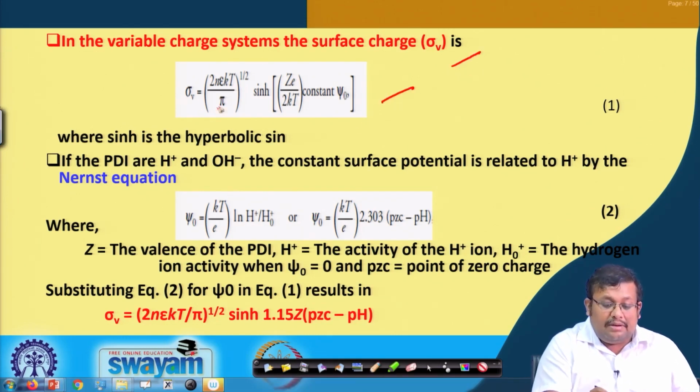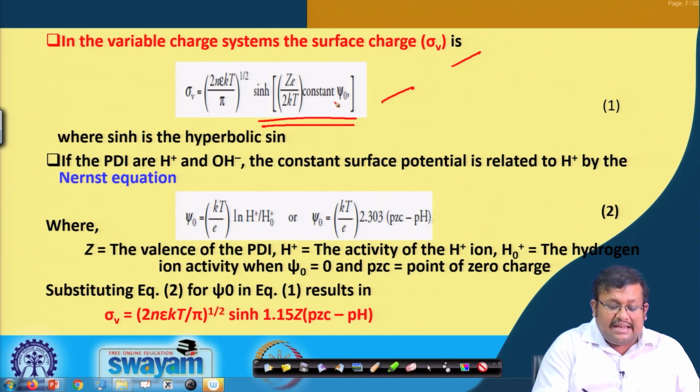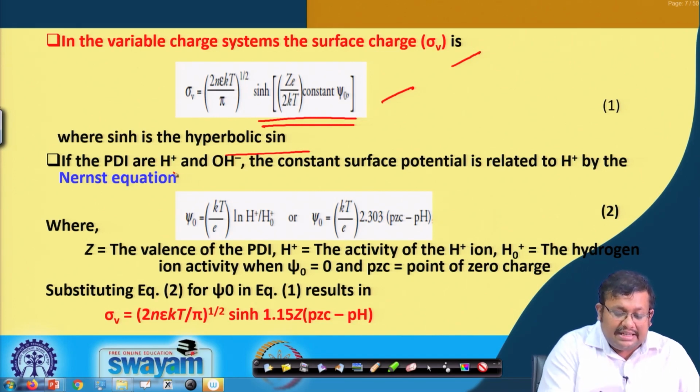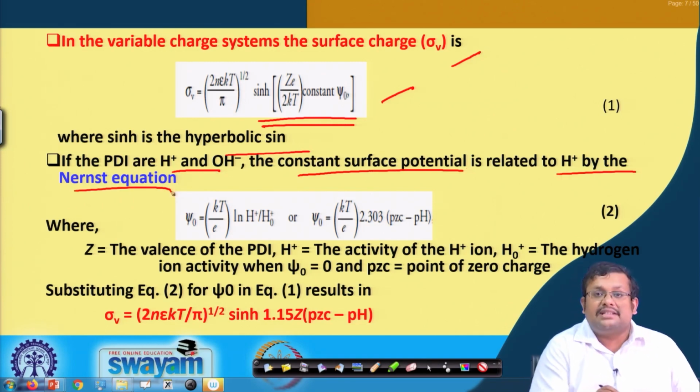That is, sigma v equals 2 E k T by pi half multiplied by sinh of z d by 2 k T into constant psi 0, where sinh is the hyperbolic sine. For the PDI, or potential determining ions, which we have already seen in the last slide, that is H plus and OH minus, the constant surface potential is related to H plus by the Nernst equation.